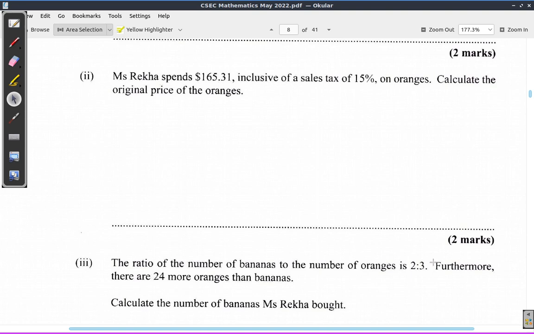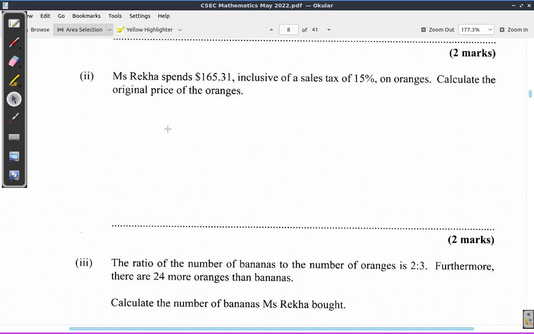Calculate the original price of the oranges. So she spent $165.31. That includes tax of 15% on oranges. Calculate the original price of the oranges. That would be the price before tax was added.